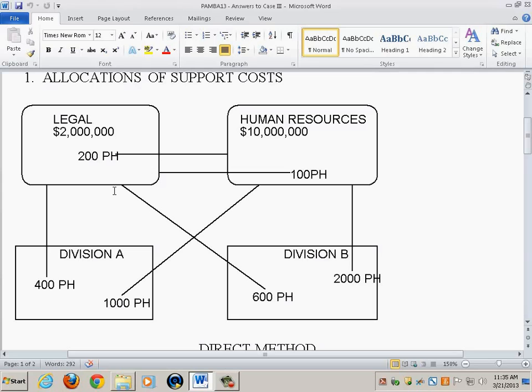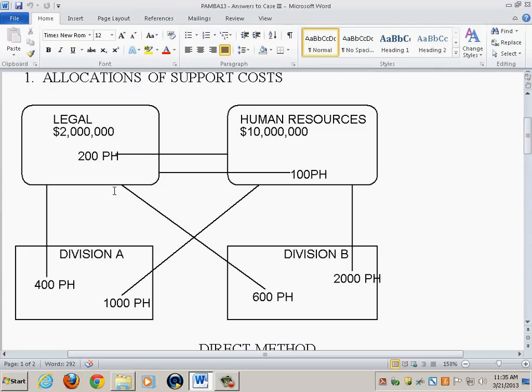And the same is true for legal. So by lumping all the costs as one cost of all the activities, and by adding up all the person hours, one person hour being equal to another, you're of course not accounting for the diversity of activities, the diversity of the costs, and the different patterns.